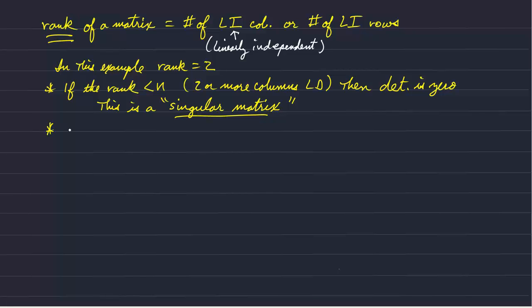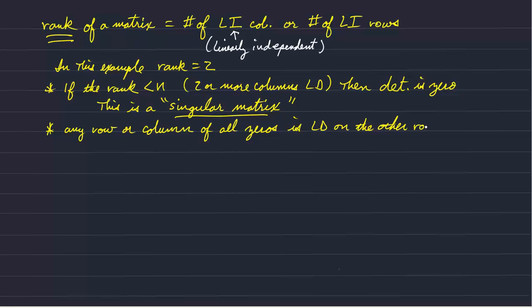I should also note that any row or column of all zeros is linearly dependent on the other rows or columns.